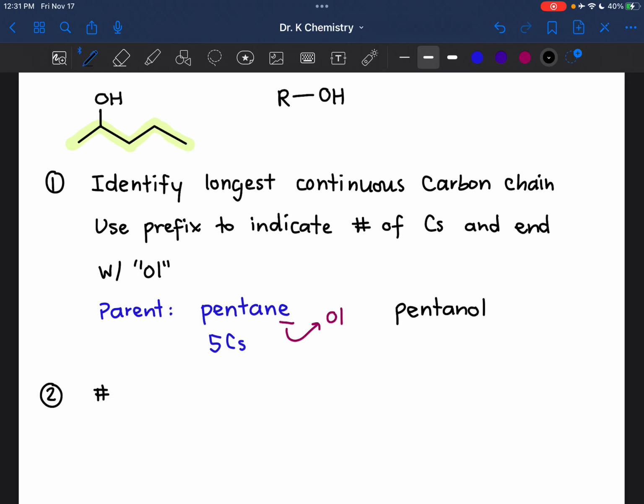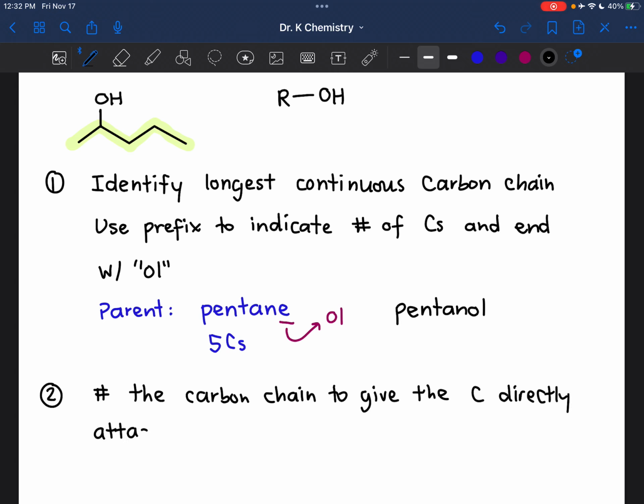The next thing we're going to do is number the carbon chain to give the carbon directly attached to the OH group the lowest possible number. When we were naming alkanes, we were prioritizing the substituents and giving them the lowest numbers we can.